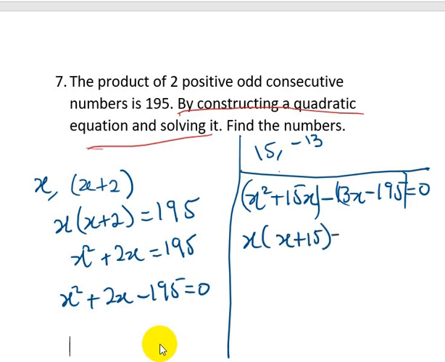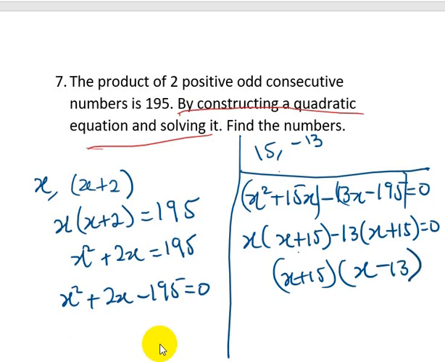And for the second one, we bring 13 out. Then we're going to get x plus another 15 being equal to 0. The first and the second bracket are the same. So we're going to get x plus 15 in the first bracket and x minus 13 in the second bracket equal to 0.